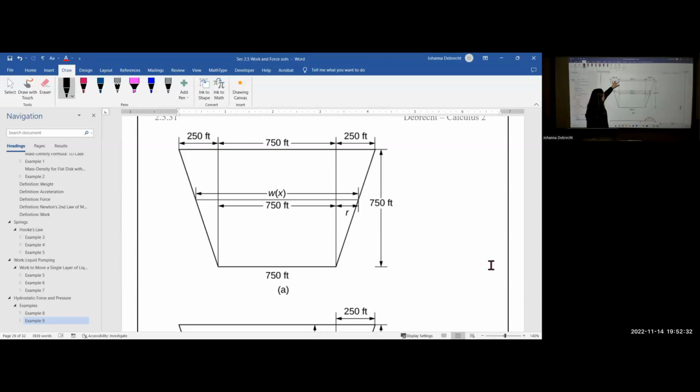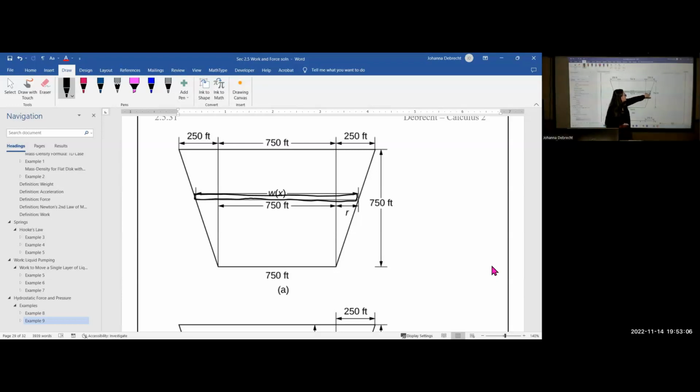Now this gives us a triangle coming down like this. And again, I've got my little strip in here, coming all the way across. I want to know what W of X is. Well, I know what the center part is. The center part right here is 750 feet, because it's square. But I don't know what this is over here, and I don't know what this is, but I know they're the same because it's symmetric.